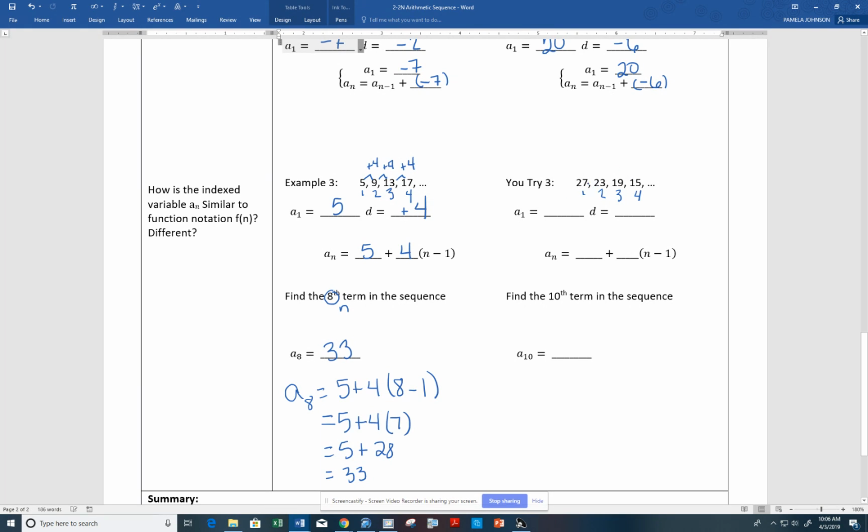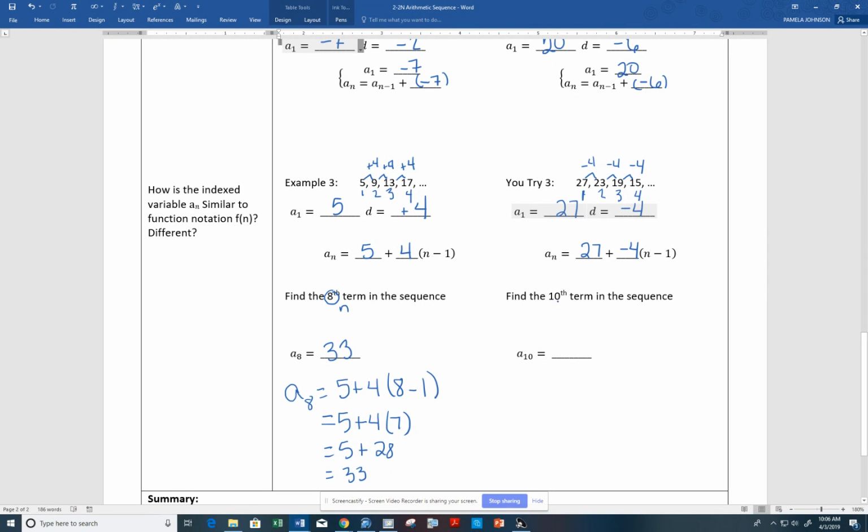Okay, you should have numbered out your terms and found your common difference. So from 27 to 23, it subtracted 4, then it subtracted 4 again, and then it subtracted 4 again. Our first term is 27. Common difference is -4. So 27 plus -4 times n minus 1.